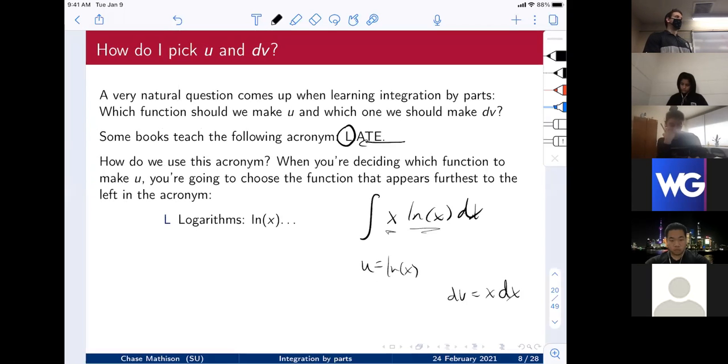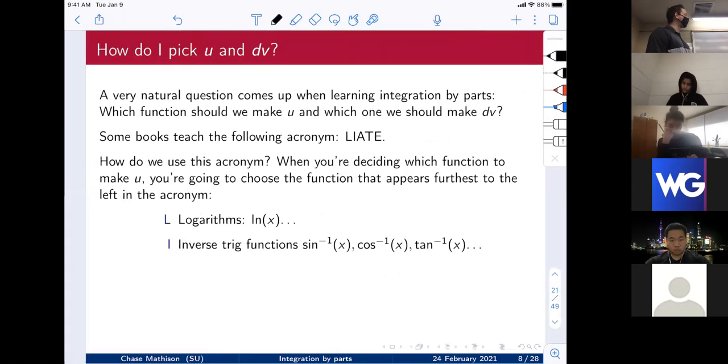So there's L. I stands for inverse trig functions: arcsine, arccosine, arctangent. If you have any of these appearing in an integral that doesn't have a logarithm in it, then you're going to pick u to be one of those things.